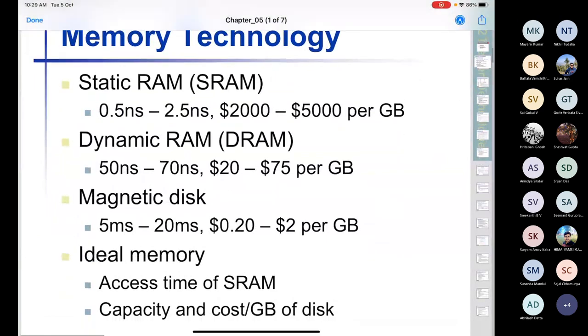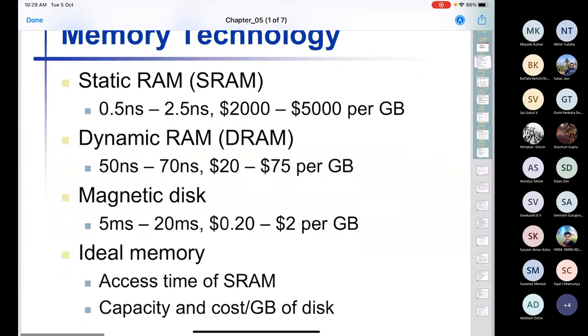So static RAM, dynamic RAM, magnetic disk, you will find that the access time increases, or I should write speed decreases as you go down, and cost increases as you go up.